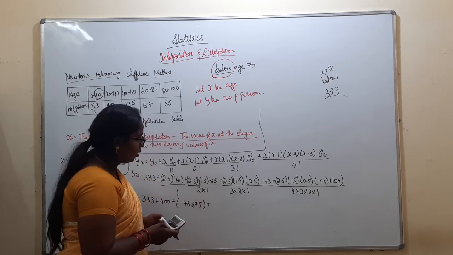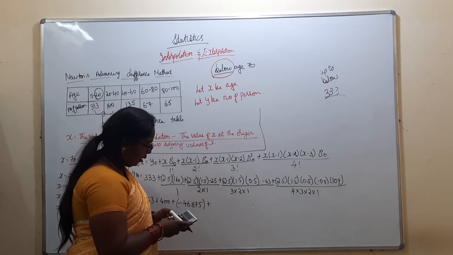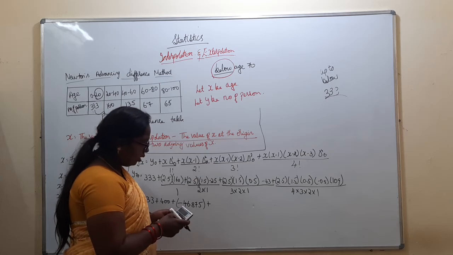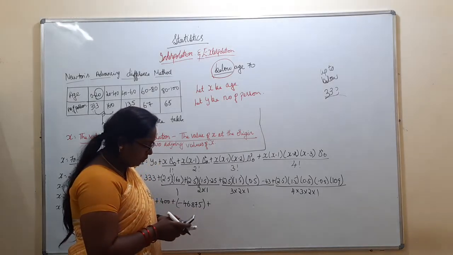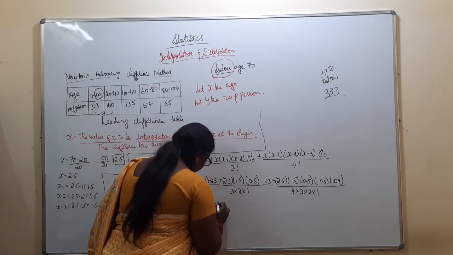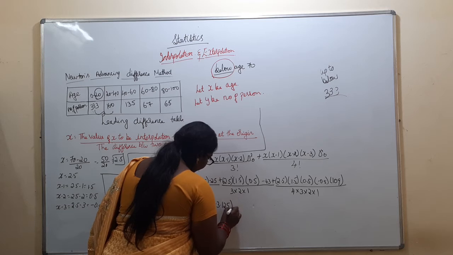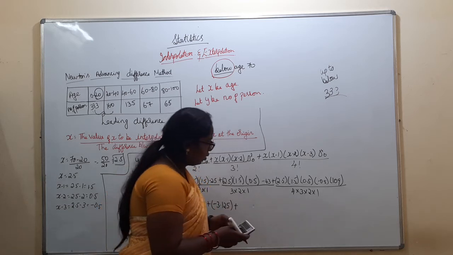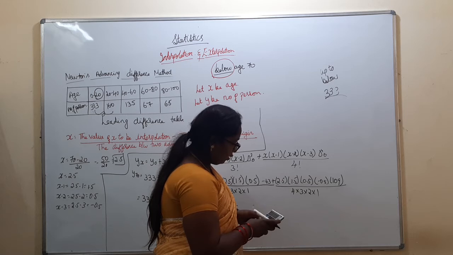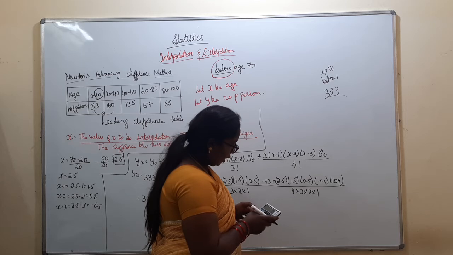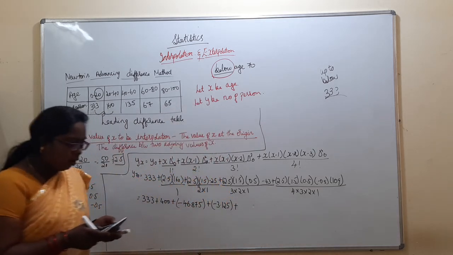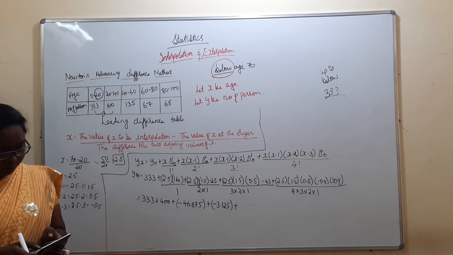Then plus 2.5 into 1.5 into 5 divided by 12. Sorry, 6. 3 2s are 6, divided by 6. I will get minus 3.125. Then plus 2.5 into 1.5 into 0.5 again into 0.5 into 109. I'll get 102 divided by 24.